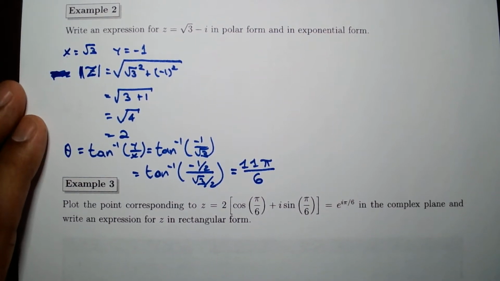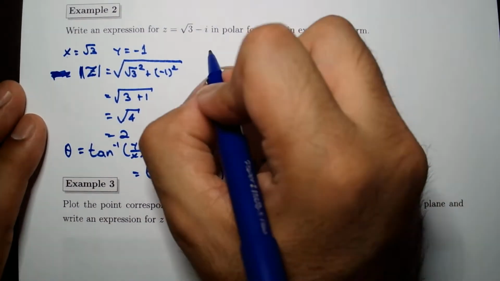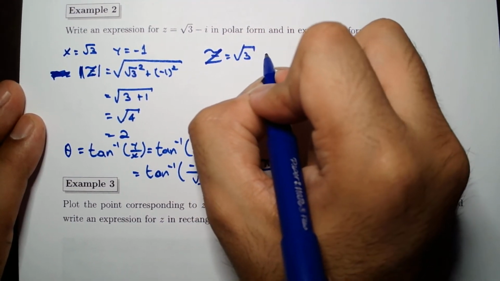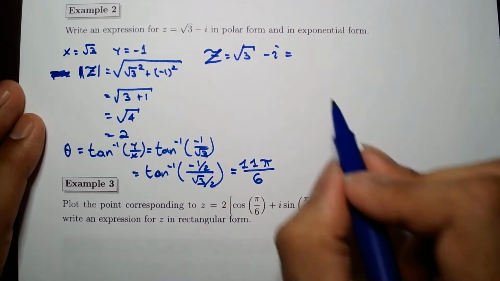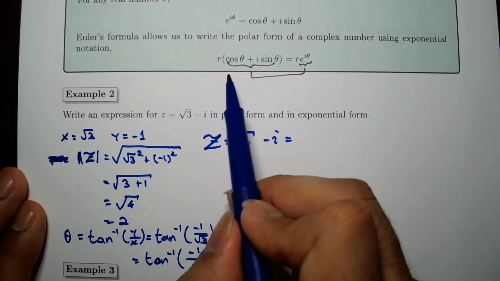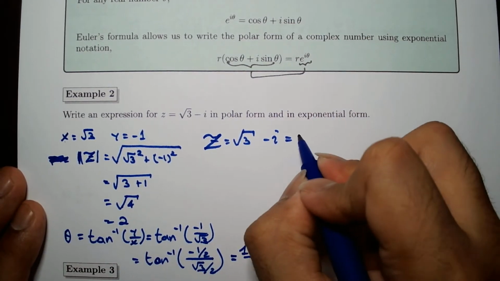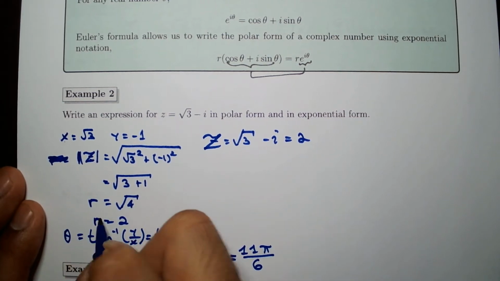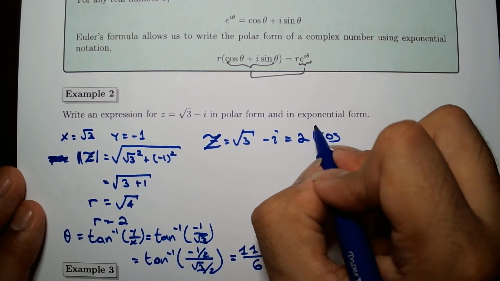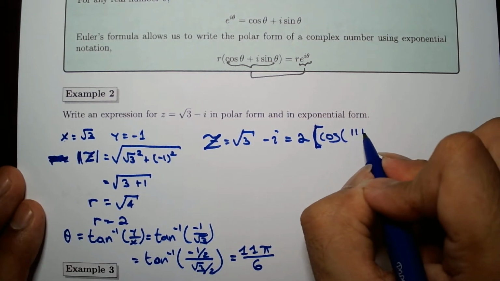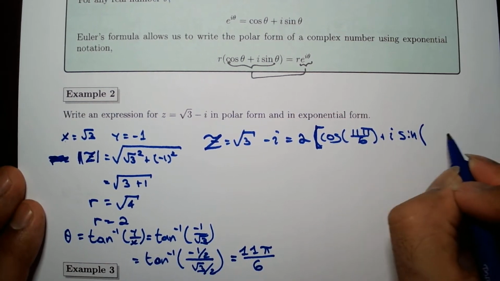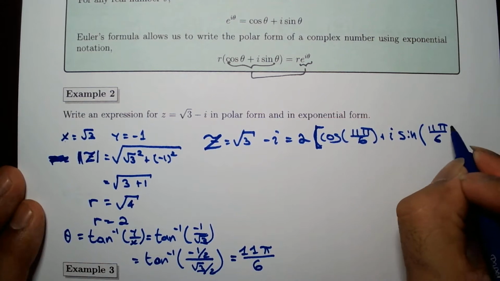So in this case, what are we going to do? Well, let's write z equals square root of 3 minus I equals r, which in this case is 2, times cosine of the angle 11 pi over 6 plus I sine 11 pi over 6. That's all we do.